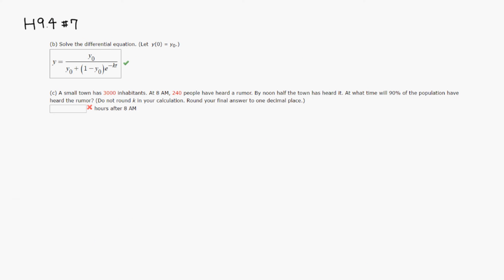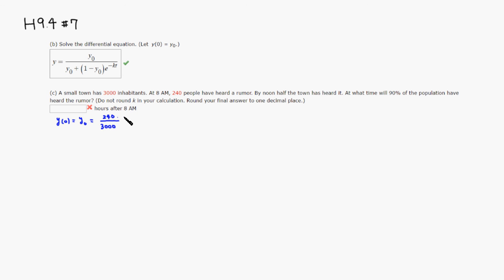First we need to find out what y0 is. So y of 0, which is the same thing as y0, is going to be the fraction. In the beginning, you have 240 people out of 3,000.